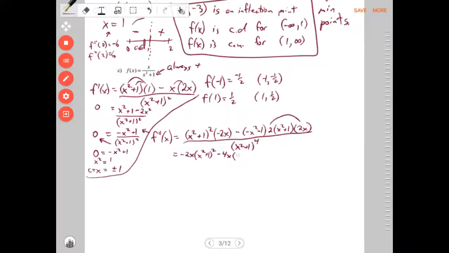Okay, and then we have the negative x squared plus 1, and then we have an x squared plus 1. Okay, all divided by x squared plus 1 to the 4th.